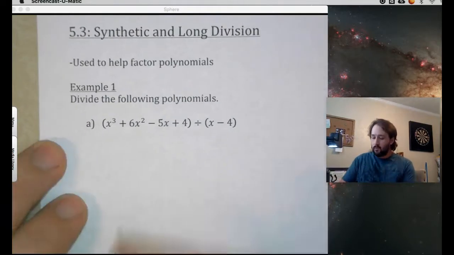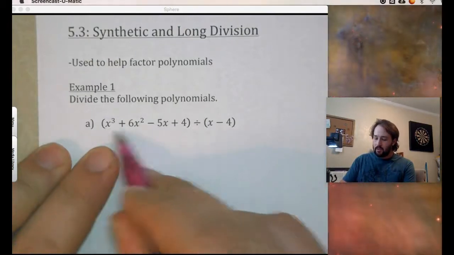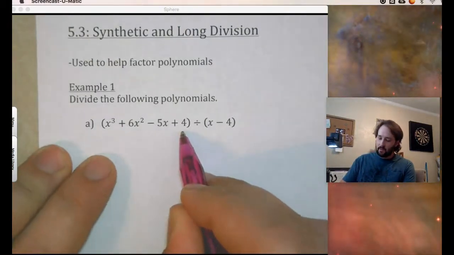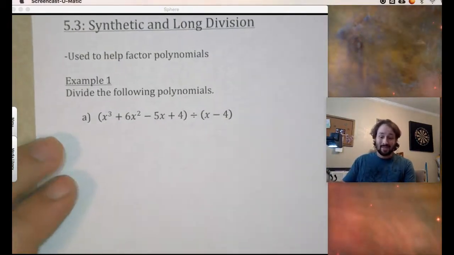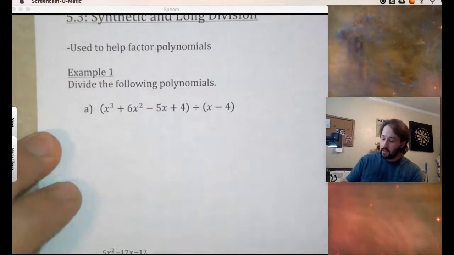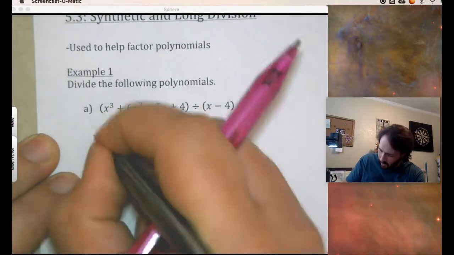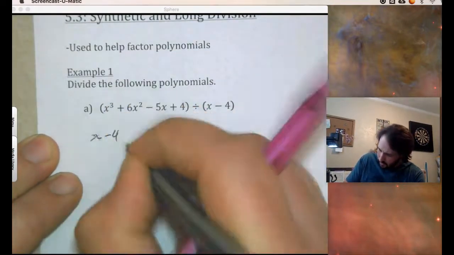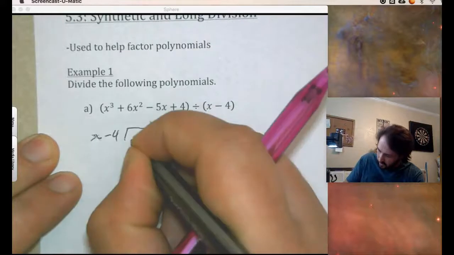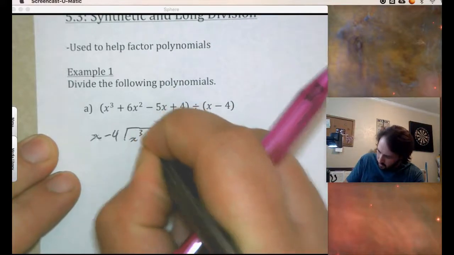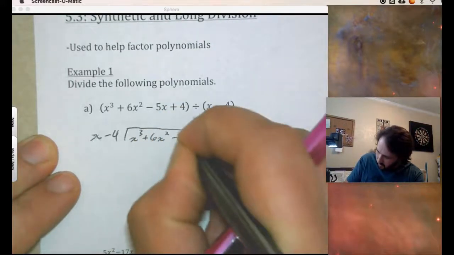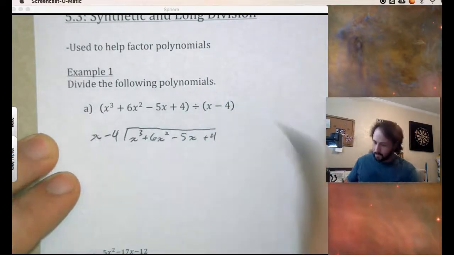All right, so what I have is x cubed plus 6x squared minus 5x plus 4 divided by x minus 4. I'm going to set this up exactly like I set that other one. So I'll take the x minus 4, and I'm dividing x to the third plus 6x squared minus 5x plus 4.